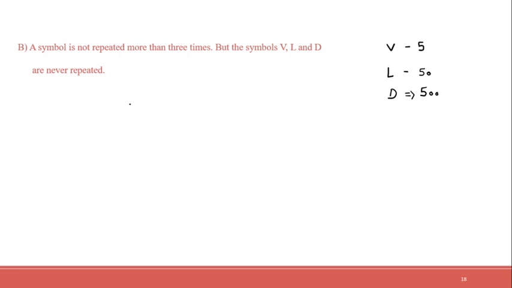So here it says that the symbols V, L and D are never repeated. Why? If I want to write 5 plus 5, how will I write it? I can write it like this: 5 plus 5 is equal to 10.